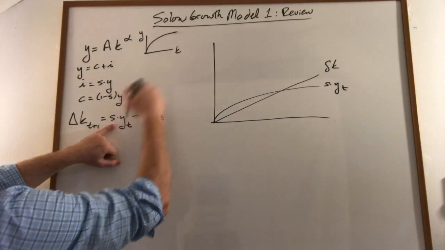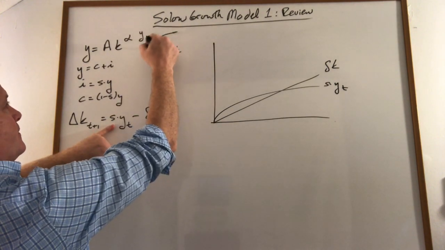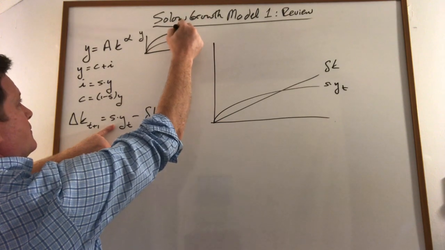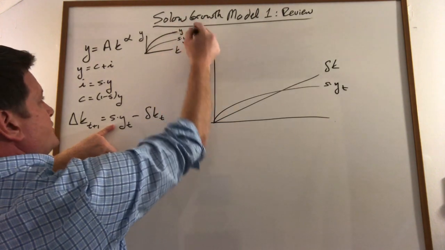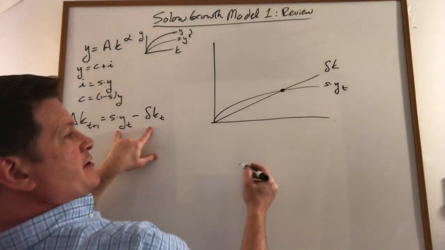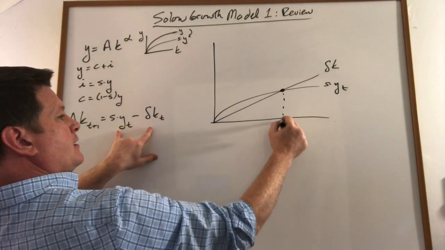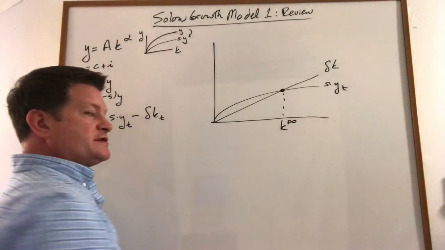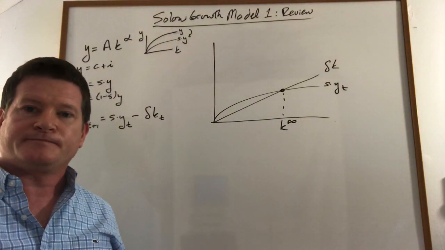So this is just some fraction of that. Where those two cross is where these things are equal, and we have what we call our steady state level of capital.